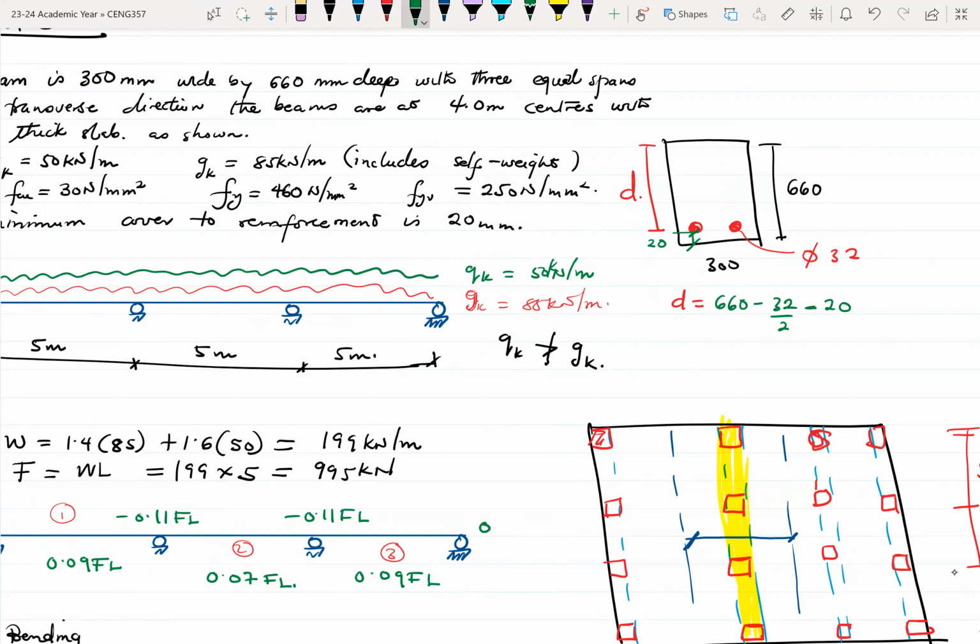Okay. So let's see if I'm correct. So 660 minus 16 minus 20, that'll give me what? 624. I don't want that. I want to use something easier. Let me see. Come up with something. I want to take this 60 away. All right. I'll take the 60 away.